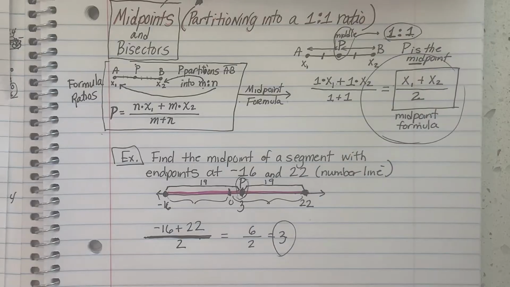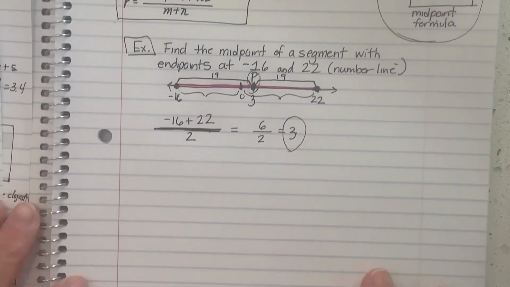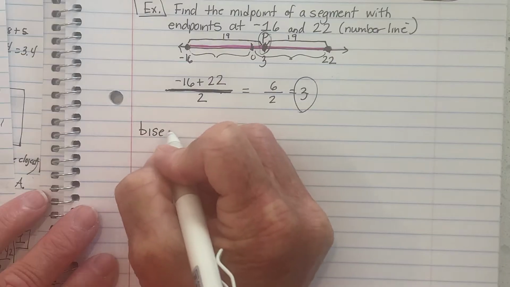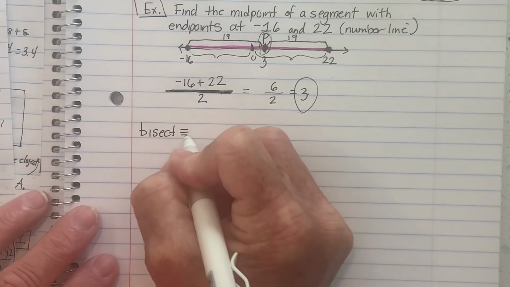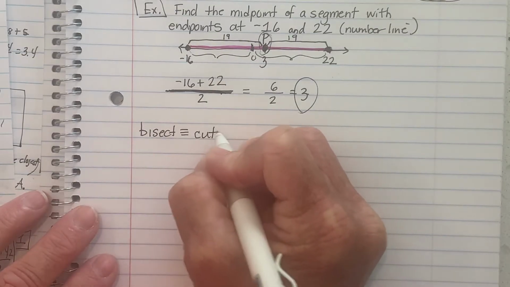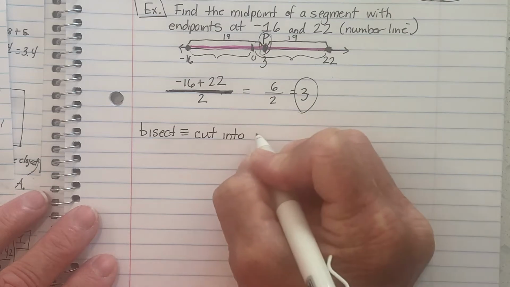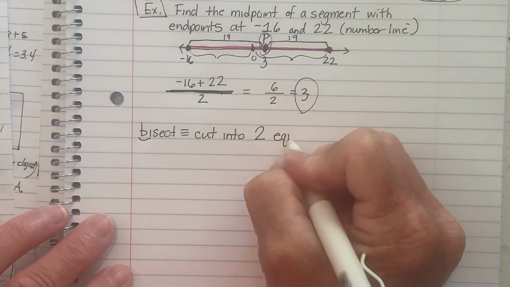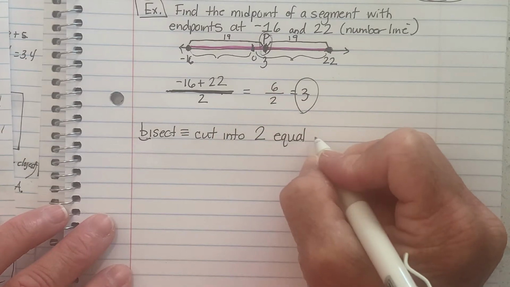Okay. All right, let's do a different vocabulary word. We've talked about a midpoint. Let's talk about what it means to bisect something. If you bisect something, you're going to cut it into two equal parts. Bi means two, like a bicycle has 2 wheels.